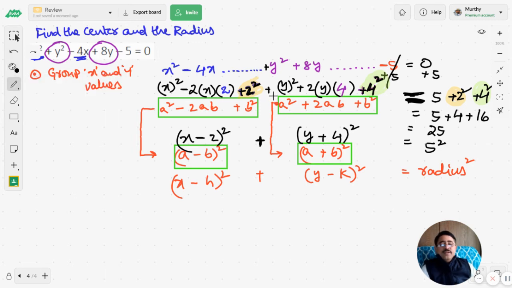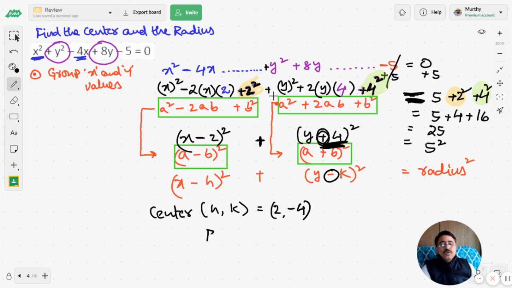Therefore, let me write that center h comma k equals, h is 2, k value is, do you see that here the signs are mismatching, right? In such case, take the opposite. So k equals, instead of positive 4, you please switch the sign, you should get negative 4.